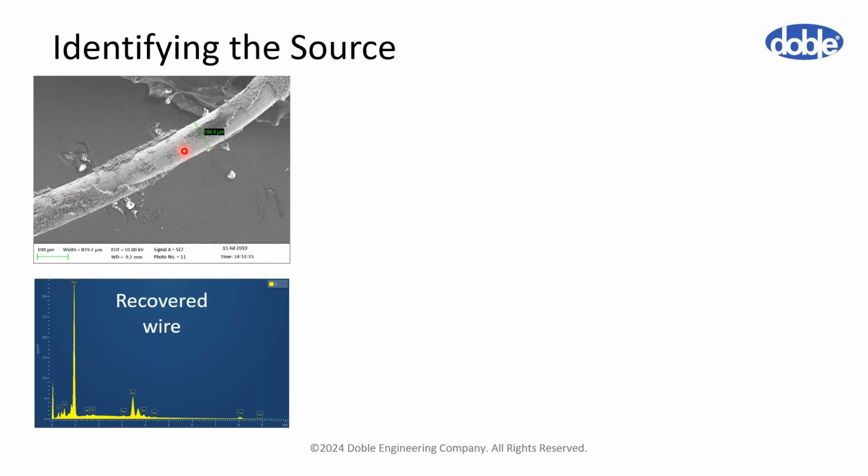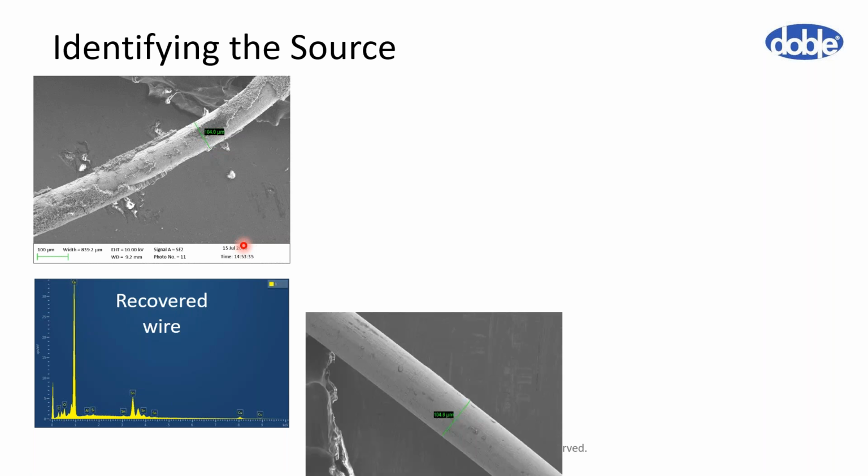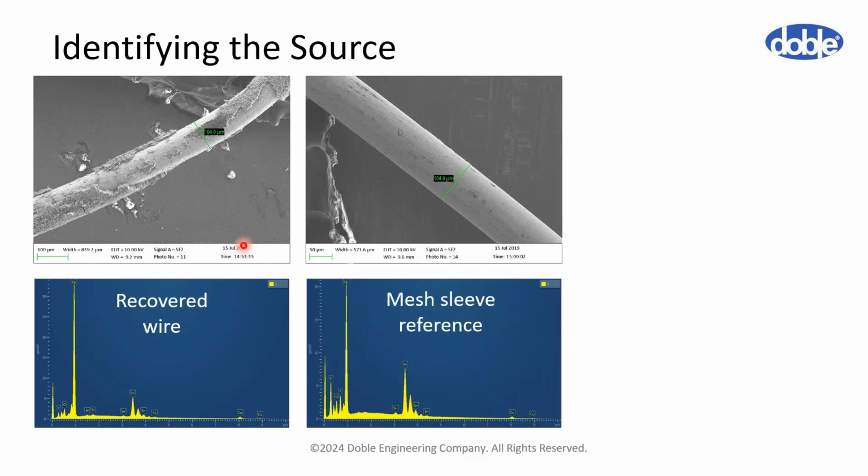But we can still get an elemental analysis, which implies that it's a tinned copper wire, not surprising, and we can measure the diameter. But then we can also do that for the thin wire mesh sleeve bag that goes over all three joints. And we find that it has basically the same elemental composition and the same diameter.